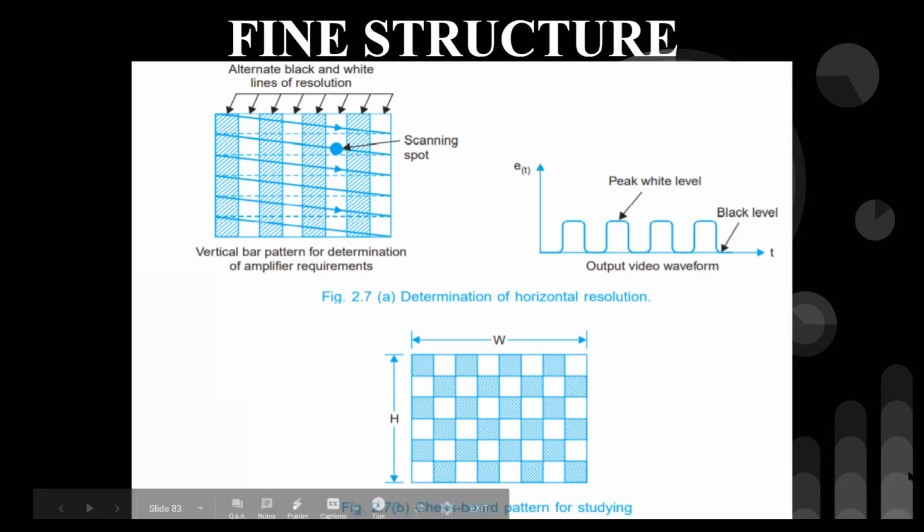So with this knowledge, here you have drawn the continuous fine structure, which is indicating an alternate black and white combination.